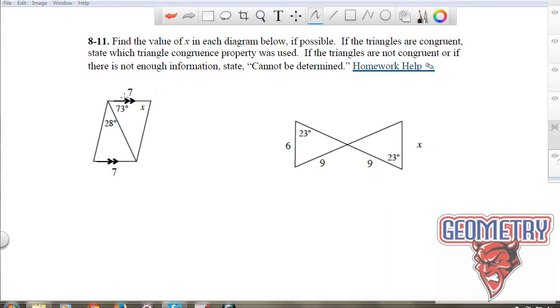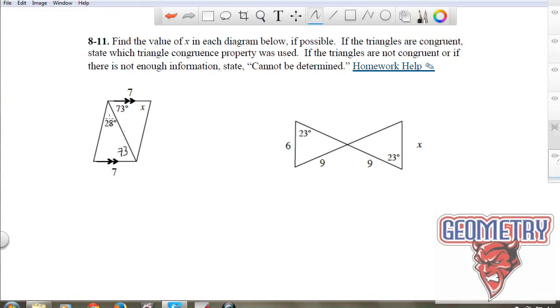So let's see what we got in this particular picture here. We know that these two lines are parallel. So that means that the alternate interior angles are going to be congruent, at least this one pair of alternate interior angles. So if this is 73 degrees, then this is also 73 degrees.